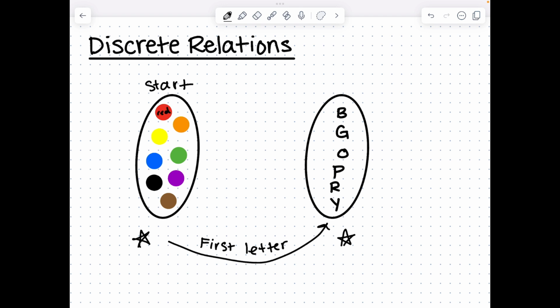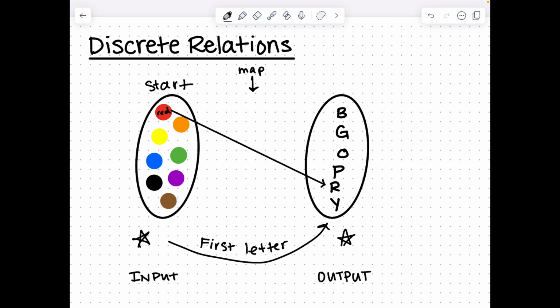I can map that. Down here, I'm going to have a bunch of arrows. These are called our map. Arrows that take me from the start item, which we're going to call the input, to its corresponding finish or output. So red is going to line up with R because red starts with R. That's our output.